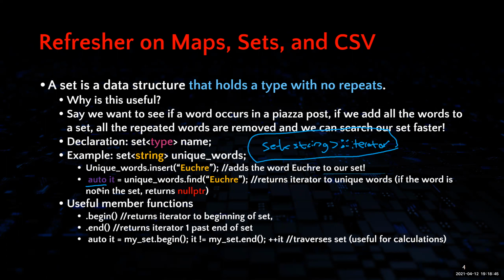What I'm doing though is I'm not going to say that. I'm just going to say auto because honestly, it's just easier. It's a bit slower in terms of processing, but doesn't make a big deal in 280 because you guys aren't timed on how fast your program runs. So what this is doing basically is it's saying it is going to be the type of whatever this function returns. And this function returns an iterator to that word if it exists. And if the word doesn't exist, it will just return null pointer.